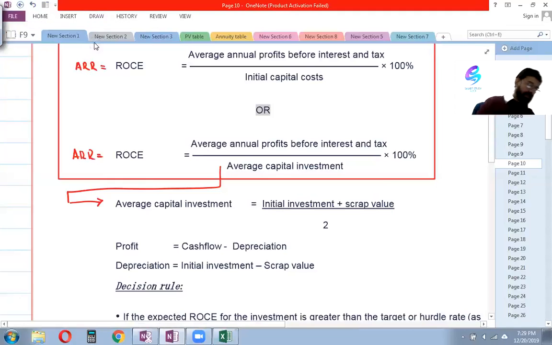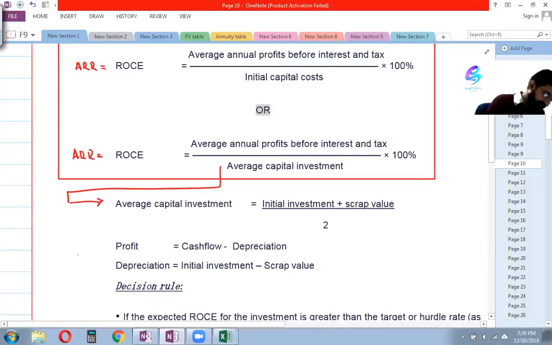The next thing your examiner can consider is accounting rate of return, right? Now we are saying profits. If you remember, in payback period, we were considering cash flows. So if you are given the cash flows, your examiner may want you to convert the cash flows to the profits.